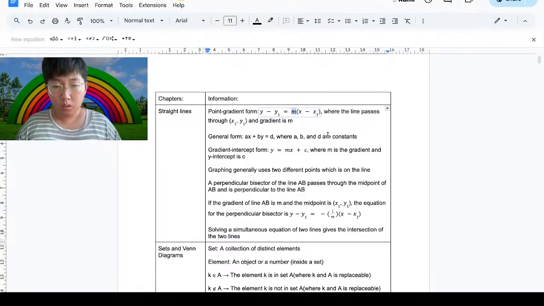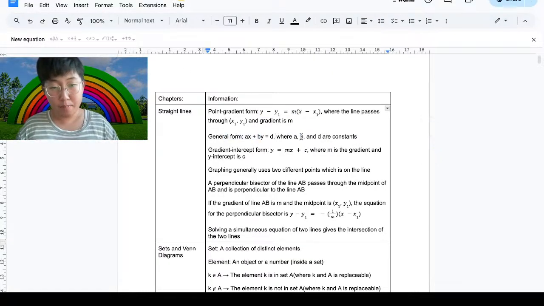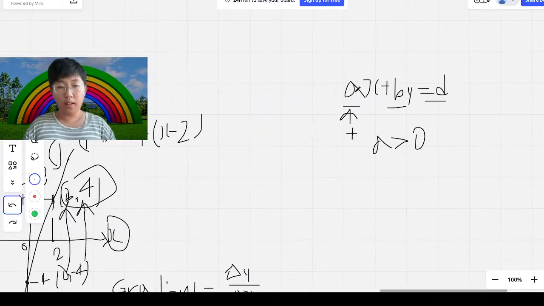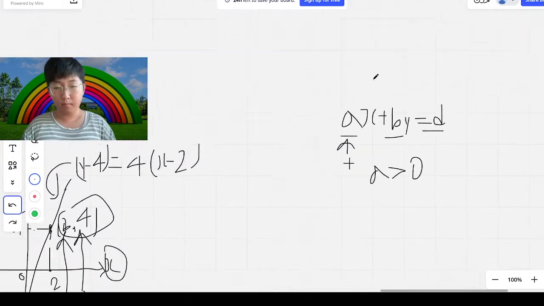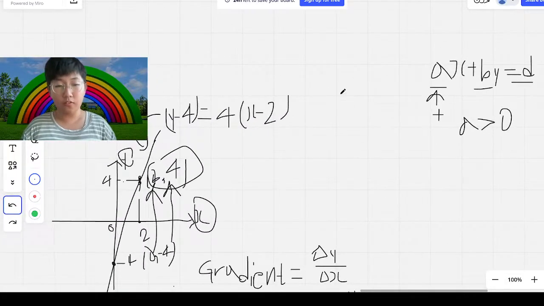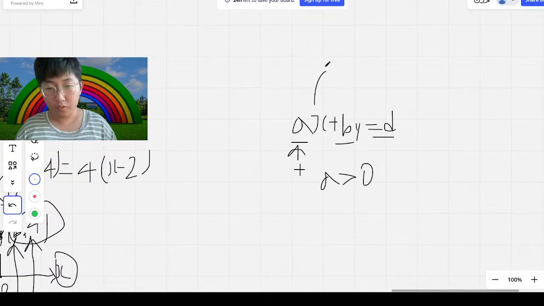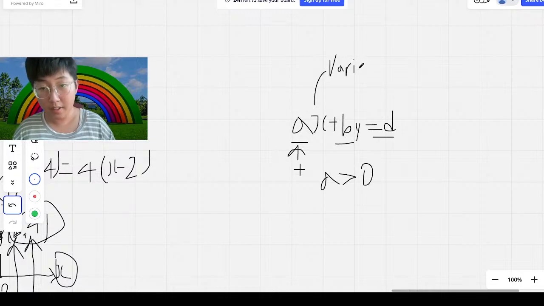Well, let's look at the general form again, where a, b, and d are all constants. What are constants? Well, x and y change, so those are called variables, spelled V-A-R-I-A-B-L-E.